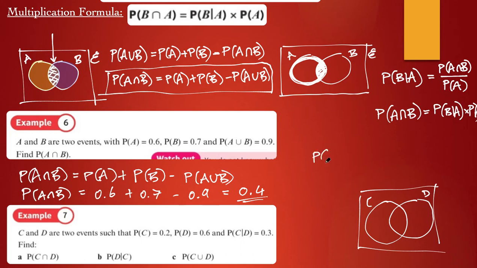So we know that the probability of C intersection D equals, make sure you get the letters the right way around, probability of C given D times by the probability of D. And we know these things, so we've got the intersection is probability of C given D, 0.3, times by the probability of D, which is 0.6. 0.3 times 0.6 is 0.18, and that's the intersection.